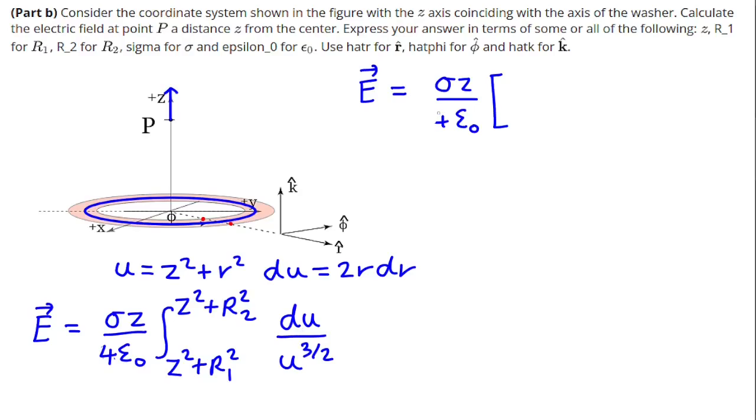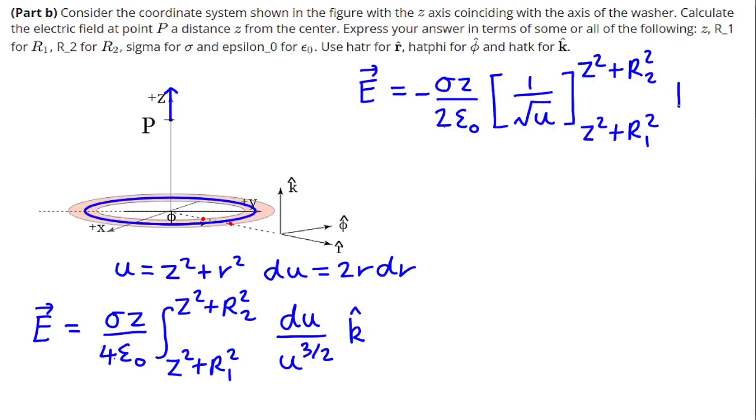So this here becomes a -2, and we have 1 on root u evaluated at z squared plus r1 squared and z squared plus r2 squared. And don't forget that this electric field points in the k direction.